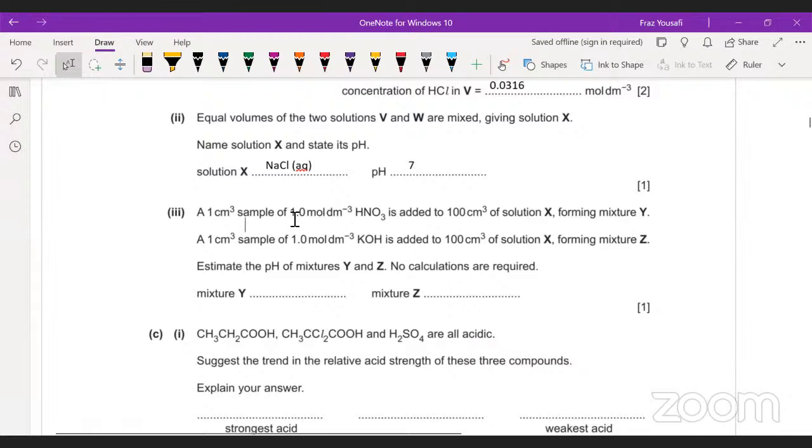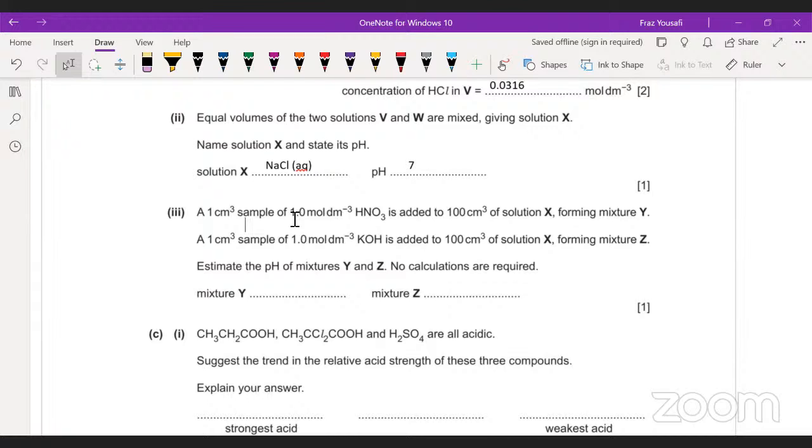So one way of doing it would be to determine exactly the amount of H plus that is present in your overall solution. So if you look at this, from the nitric acid, you've got 0.001 moles of your H plus ion concentration being mixed in with the 100 centimeters cubed of the original solution, which was, so now you get 0.00416 moles of your H plus.